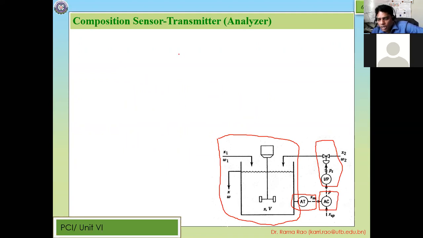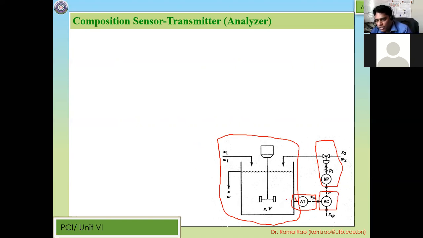Now let's focus on the composition sensor transmitter. That means we have an instrument here which measures the composition and transmits. Here the inlet is X and the outlet is XM.